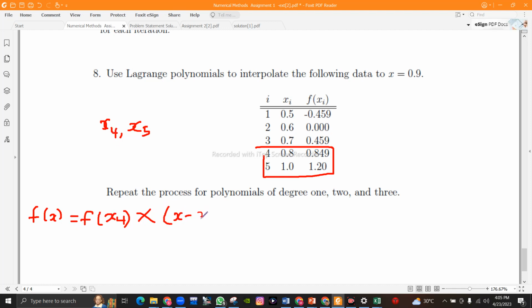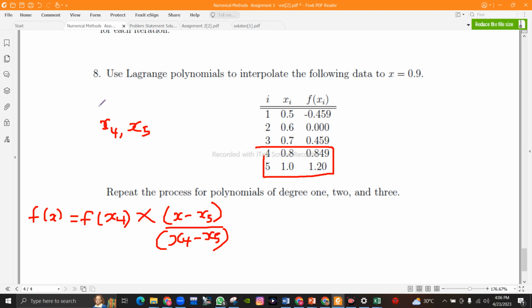The rest of them, only one remains. There's no other thing to write. We are not going to use x4 in the numerator because we're interpolating with x4. Divided by x4, the point we're interpolating with, minus every other point, which is x5 that remains.